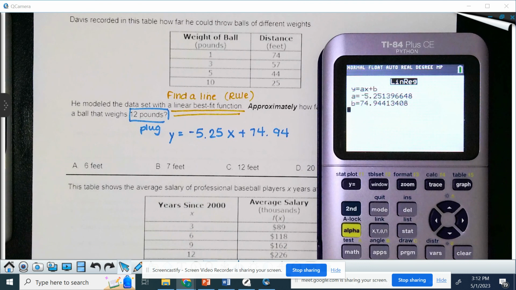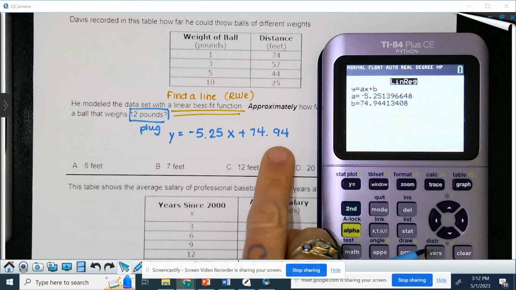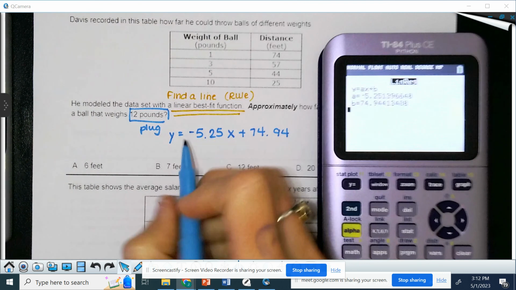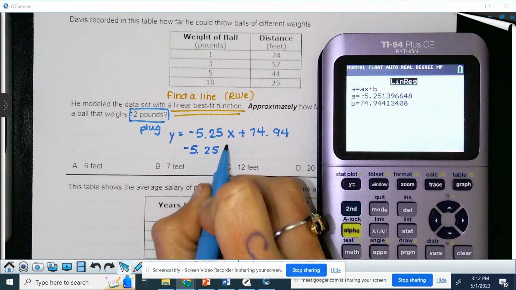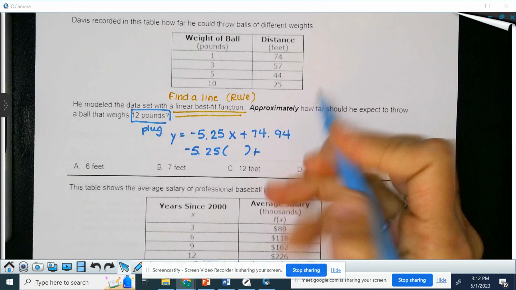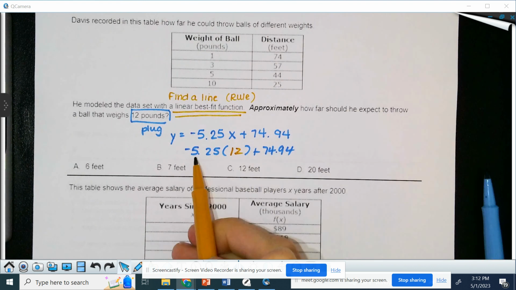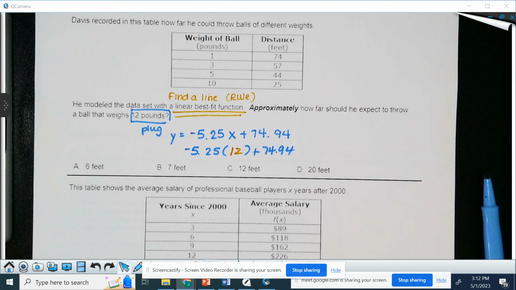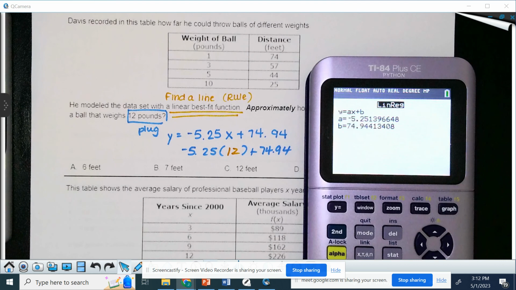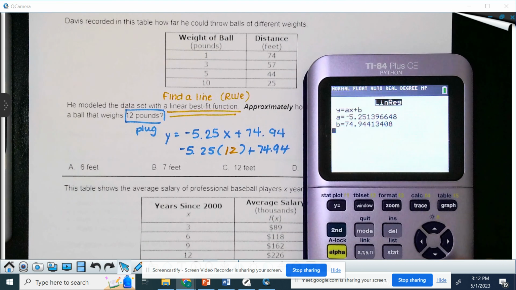Now that we have this rule, you can either write it out and then plug in your 12. You can plug this in Desmos, or plug it in your calculator on your home screen. Or if it happens to be a multi-part question and they're asking for change or something like that, go to your Y= and enter -5.25x, which is underneath Mode, plus 74.94, because that's our rule.